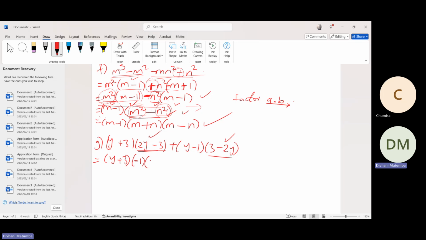as a common factor, I will get minus 2y minus 3 plus 3 plus y minus 1, 3 minus 2y. Do you agree that somewhere, somehow, this expression and this one are the same?